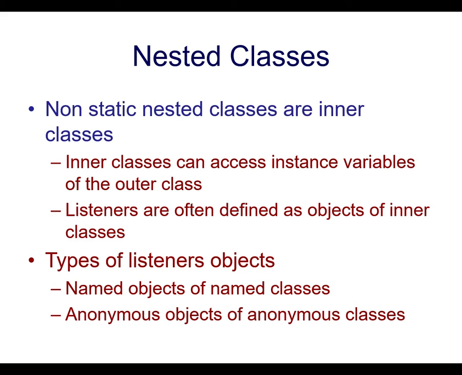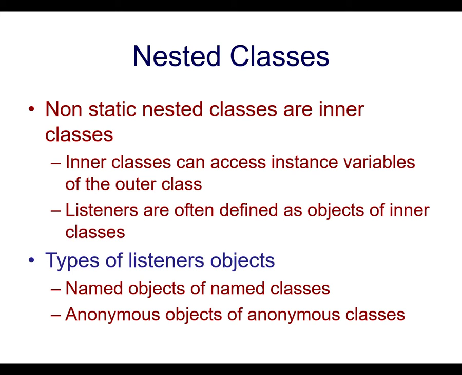They are the type of nested classes that are needed with event handling. What distinguishes static nested classes from inner classes is that inner classes can have access to instance variables of the outer class. That capability is what is required of listeners. For that reason, listeners are often defined as objects of inner classes.